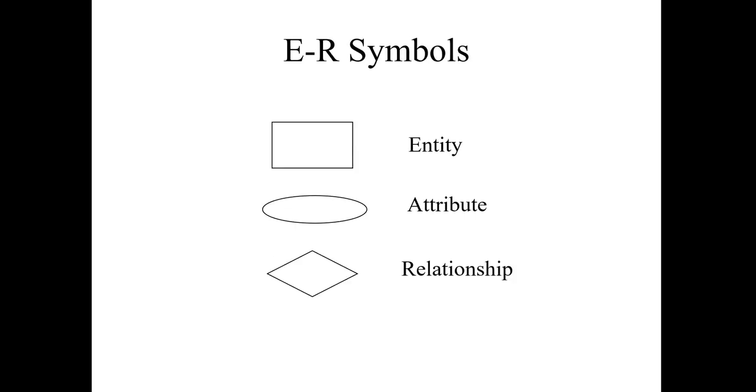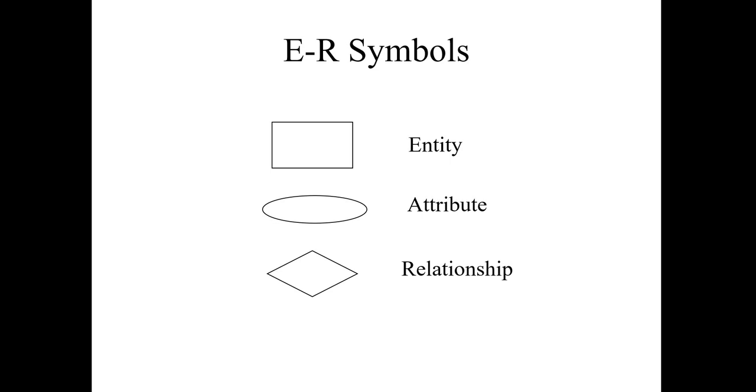ER symbols: as I told you, when you are going to make a graph or a picture, you should have some special notations and symbols. There are symbols for entities, for attributes, for relationships. There are more for weak entities and strong entities.